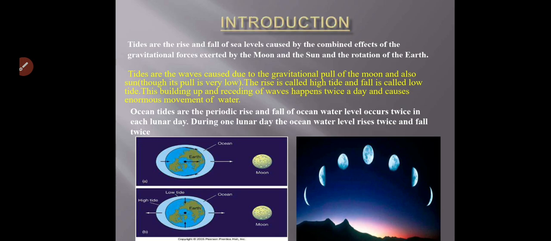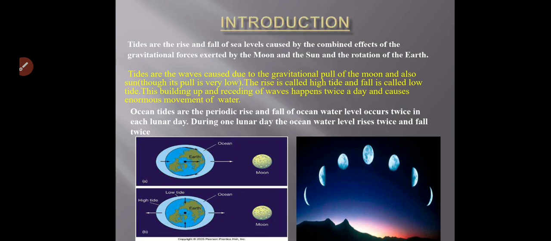Tides are the rise and fall of sea level caused by the combined effect of the gravitational force exerted by the moon and the sun and the rotation of the earth.